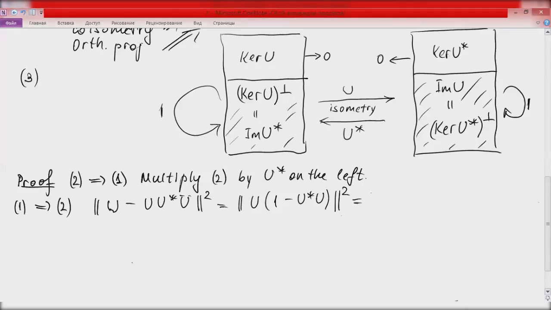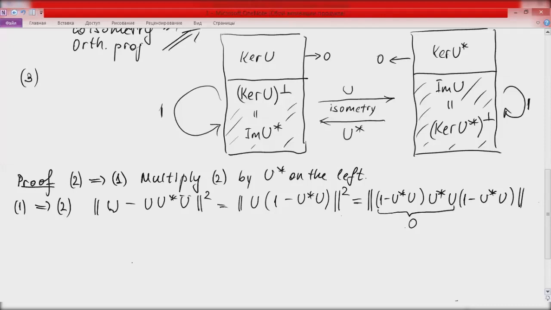So we must take first the adjoint of this operator, which is 1 minus U star U multiplied by U star. So this is the adjoint operator. And then take the initial operator, U, multiplied by 1 minus U star U. Okay, and now since U star U is a projection, it's immediate that, for example, this product is already 0.